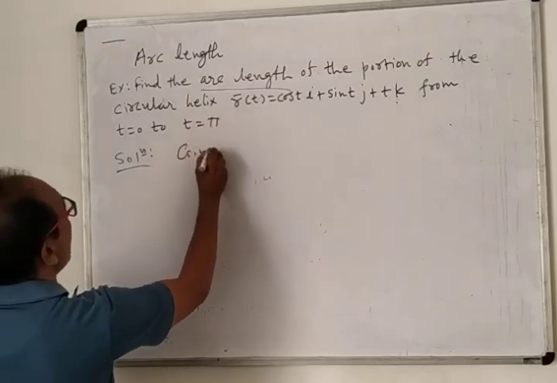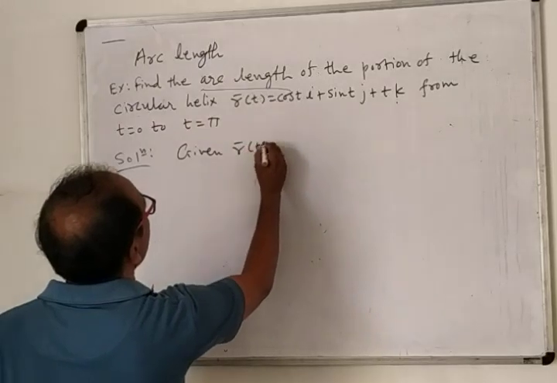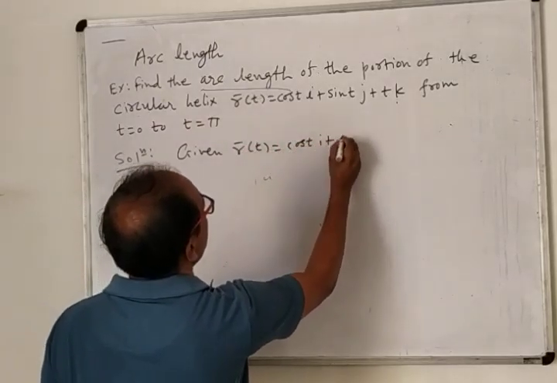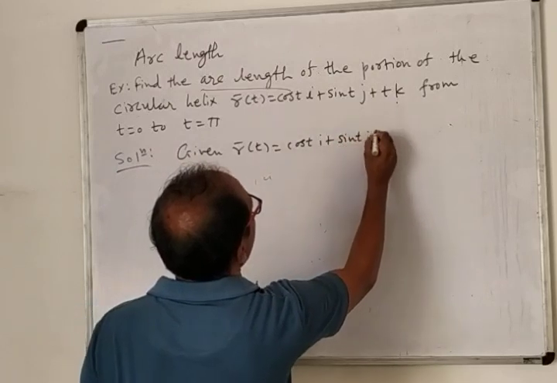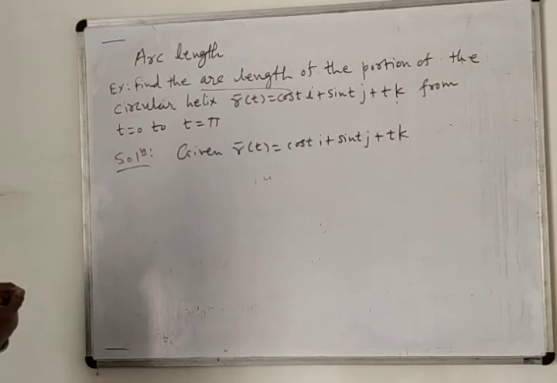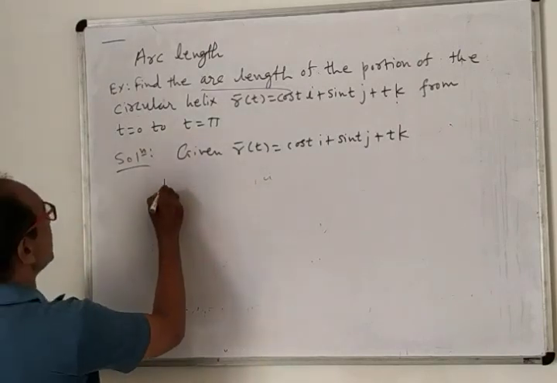Given r bar t equal to cos t i plus sin t j plus t k. And here we will write: to find, s equal to the integral from t0 to t of modulus dr bar by dt.